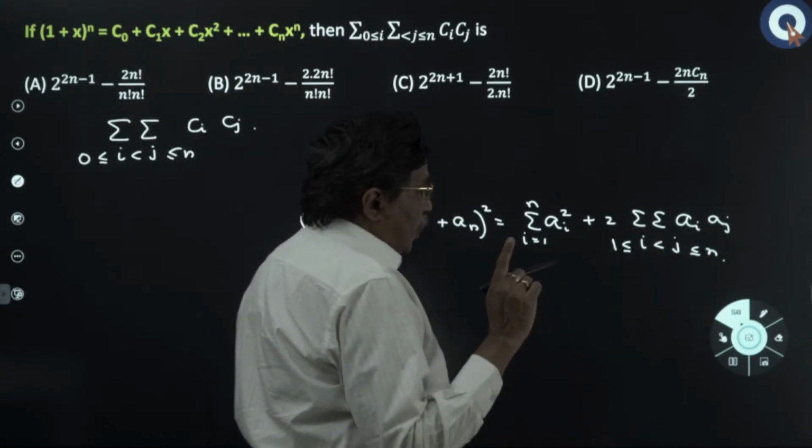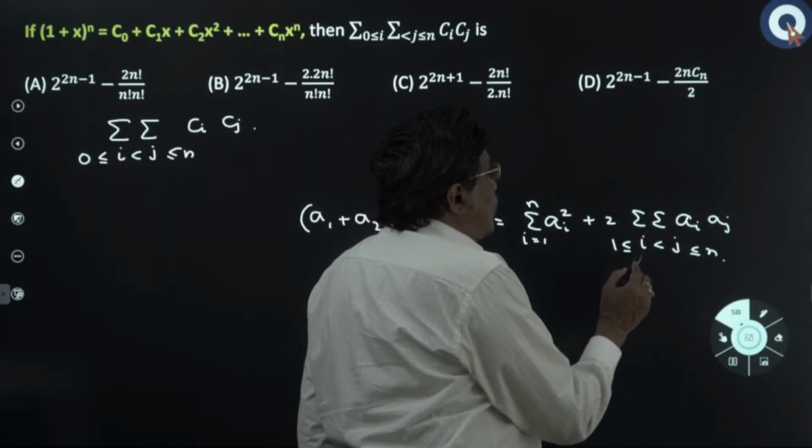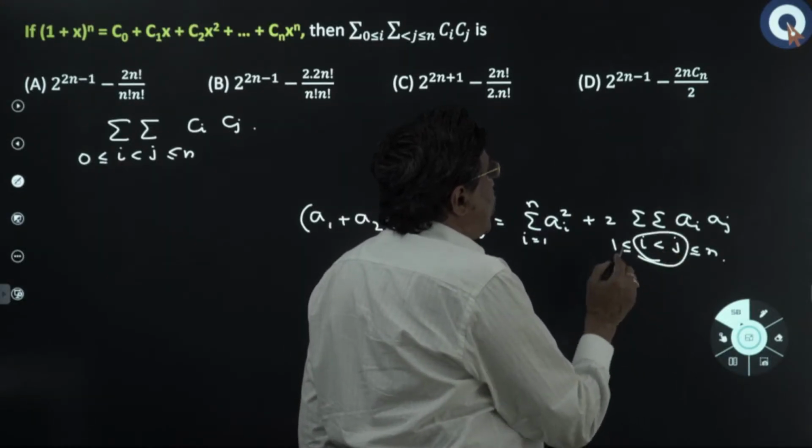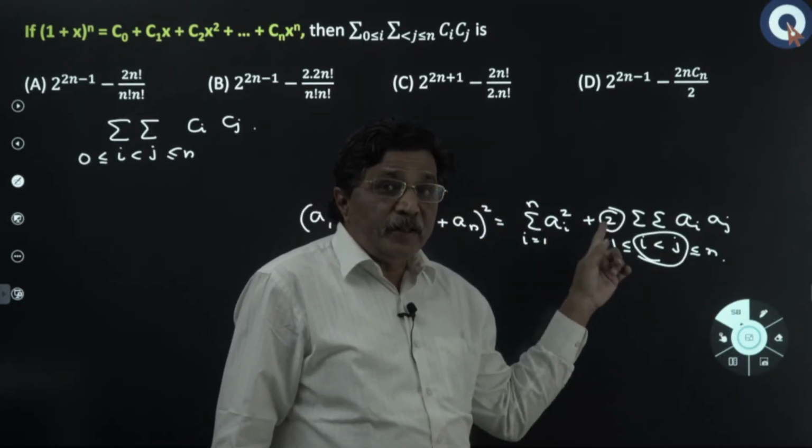Now I want you to appreciate one point here. If you don't write this i less than j, then you don't have to put this 2. If you don't write i less than j, this 2 need not be written.